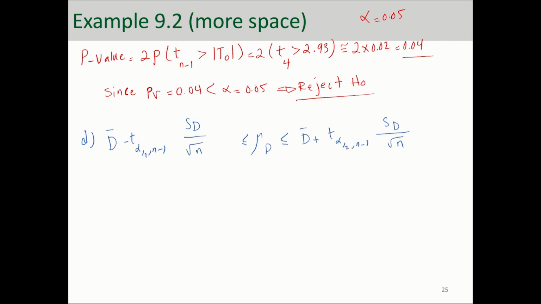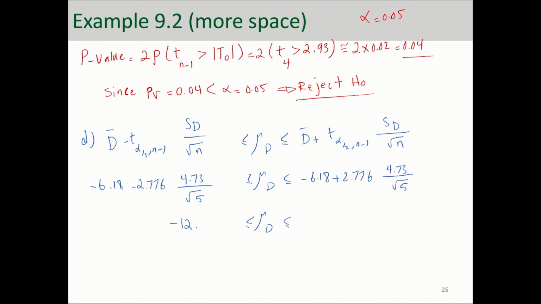Now if I replace the parameters with the numbers that we have, the confidence interval will be between negative 12.04 and negative 0.32.